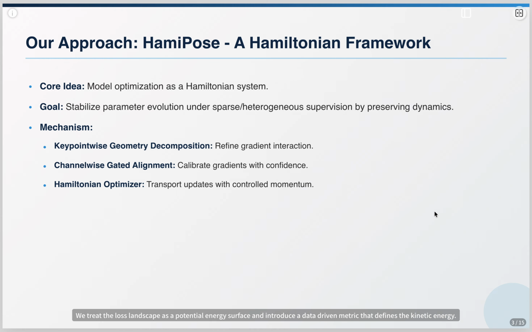We treat the loss landscape as a potential energy surface and introduce a data-driven metric that defines the kinetic energy. This allows us to transport parameter updates along paths that respect the geometry of the problem using controlled momentum. This framework provides a stable foundation for optimization under these challenging, sparse, and heterogeneous supervision conditions.